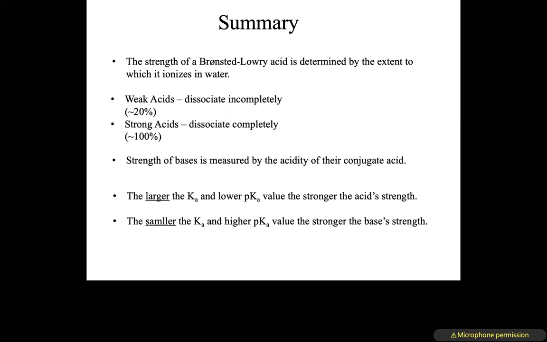The larger the Ka and the lower the pKa give us a stronger acid, and the smaller the Ka value and the higher the pKa value give us the stronger base.